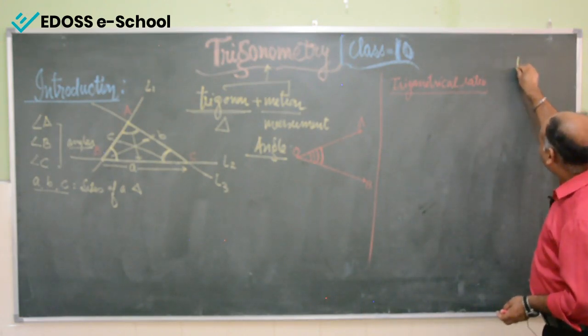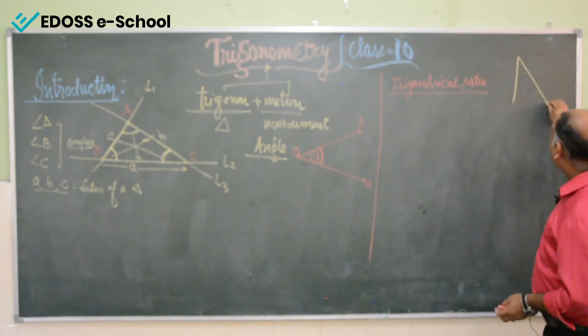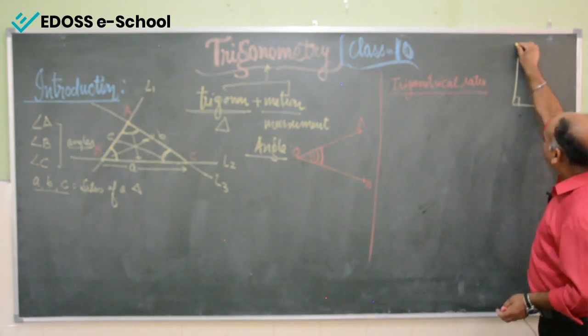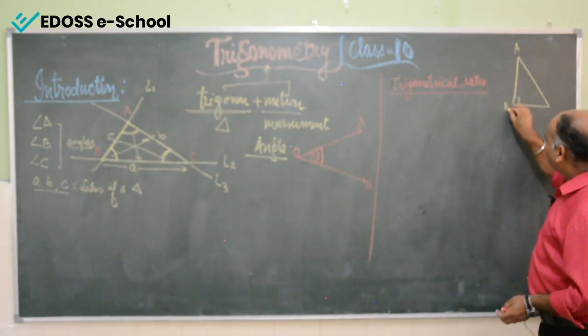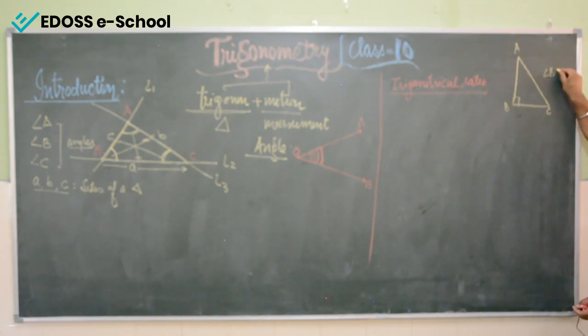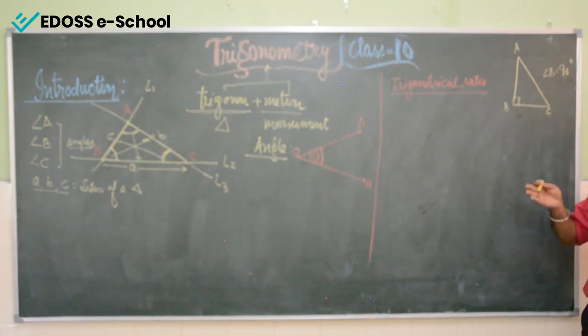Suppose this is a right angle triangle which is right angled here. Suppose this is A, this is B, and this is C. Now ABC is right angled at B, that means angle B is equal to 90 degrees. Now we have to name the sides.